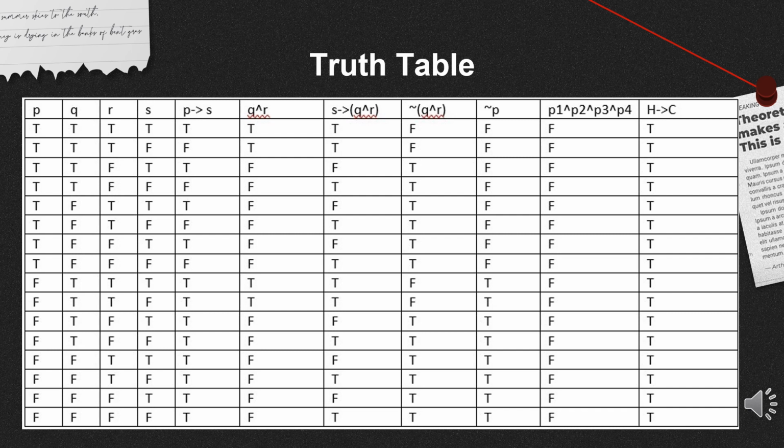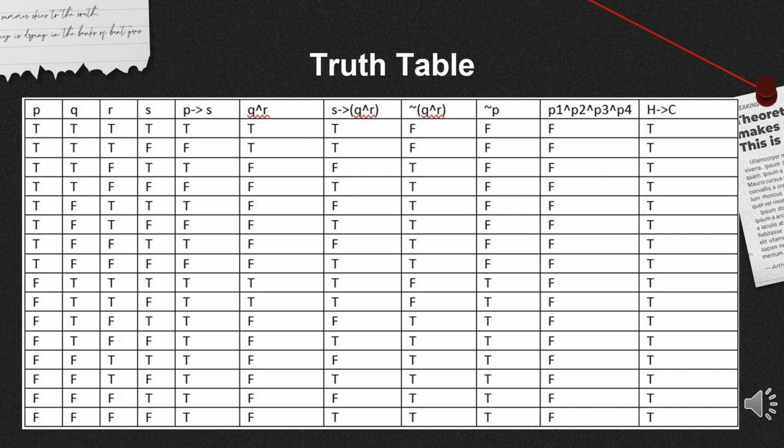And for the column Q and R, the values are true, true, false, false, false, false, false, false, true, true, false, false, false, false, false, and false.